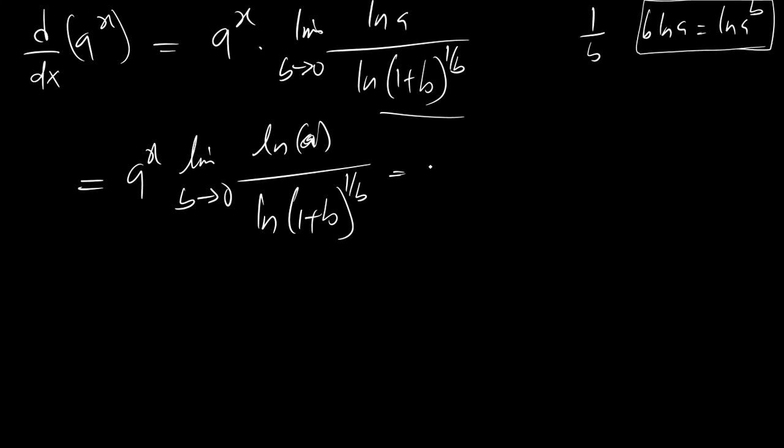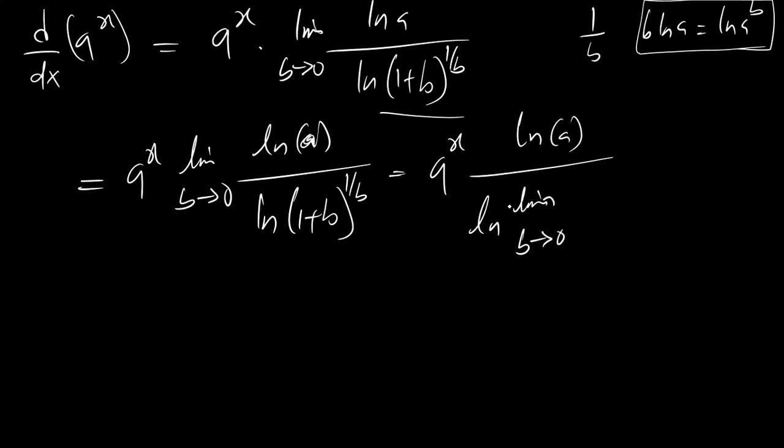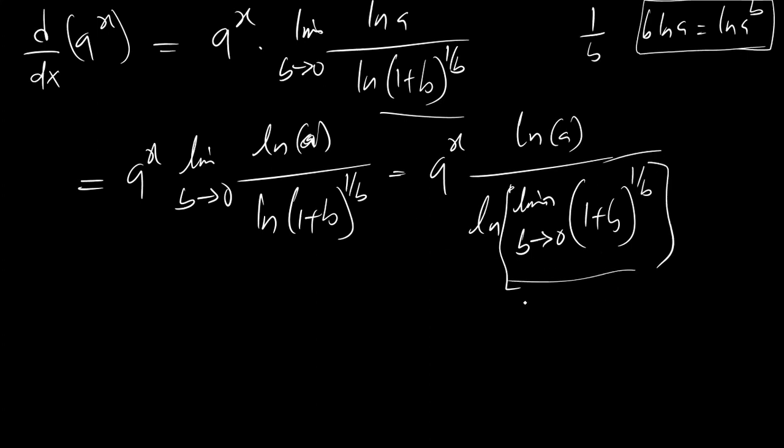So we can now rewrite that to be a raised to power x times ln a all over ln of the limit of b tending to 0 of 1 plus b raised to power 1 all over b. If you look at this, it's the same thing as e.